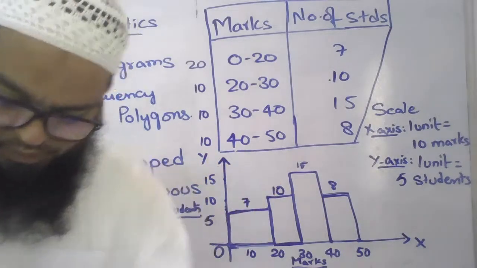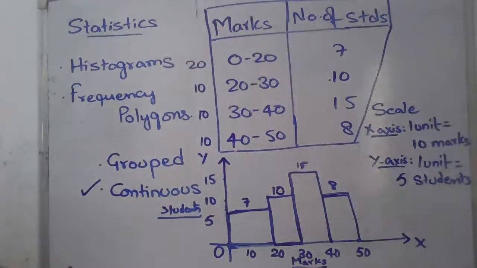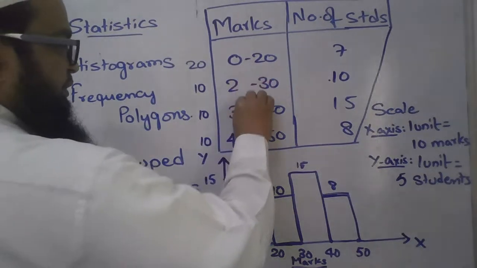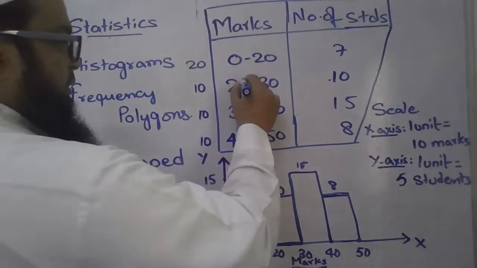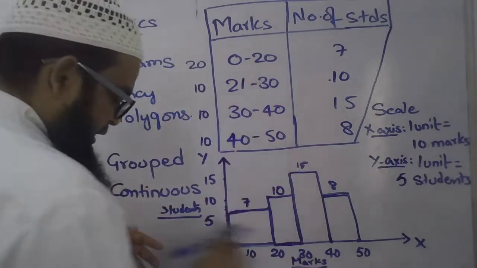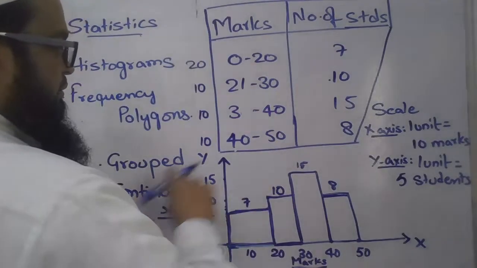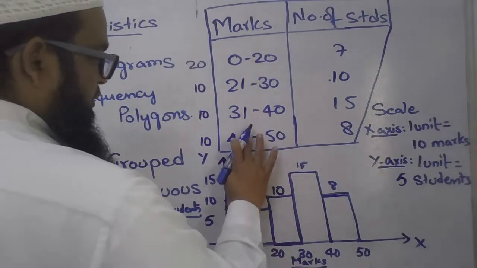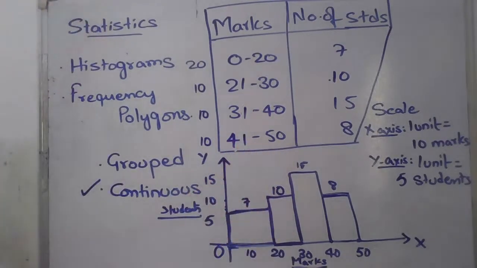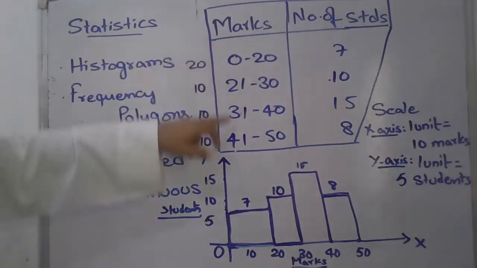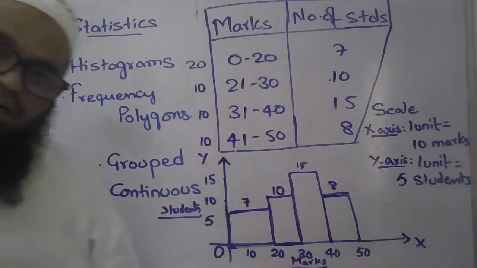Got it? Now, the next doubt: if it is not continuous, let us say it is 21 and 31, and here also you have 41. Now it is grouped but not continuous.